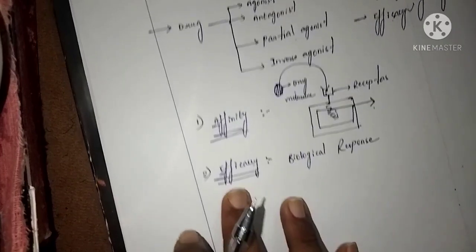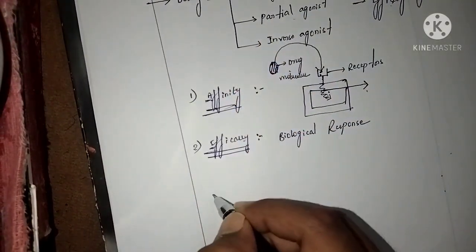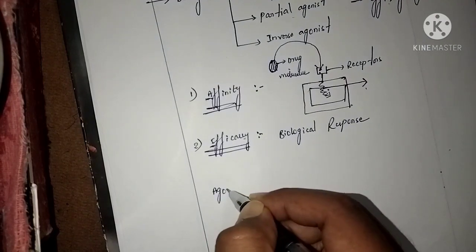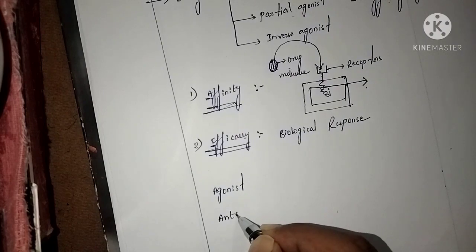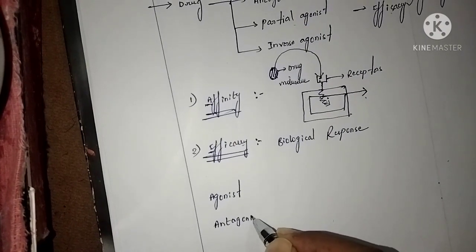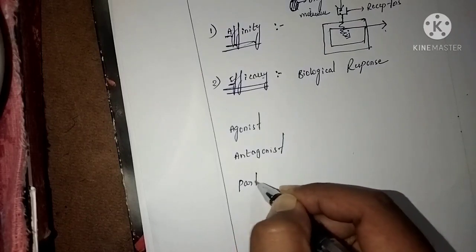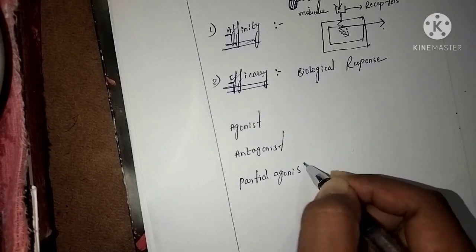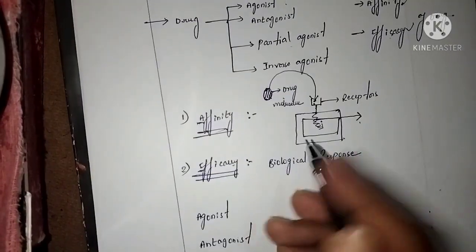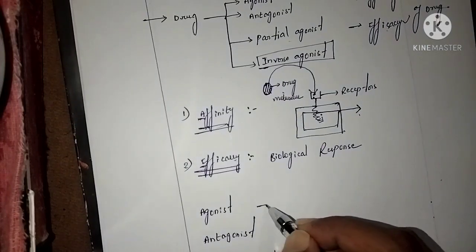Okay, it was easy. Now what is agonist, what is antagonist, what is partial agonist, and I will explain what is inverse agonist next.